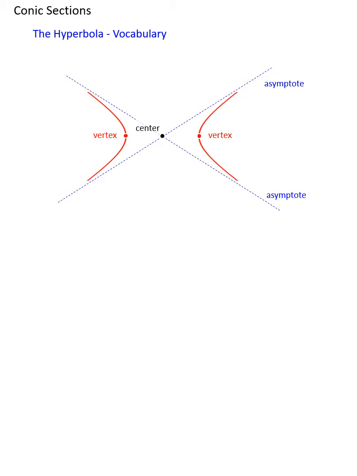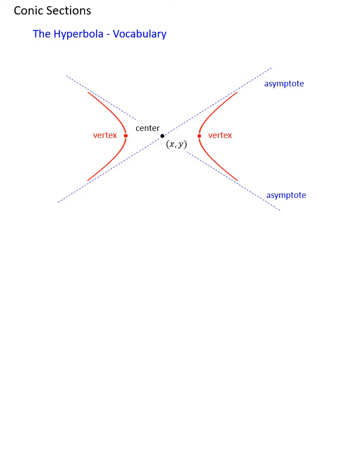And in between the two vertices is a point that's not on the hyperbola either, but we call that the center. Now, for graphing purposes, here's the philosophy that guides us when we graph a hyperbola, which we'll see here in a few minutes.